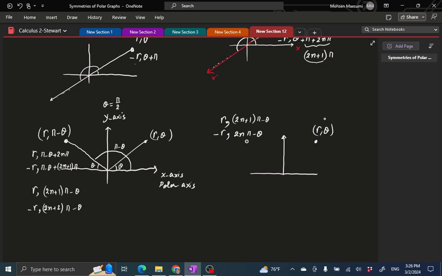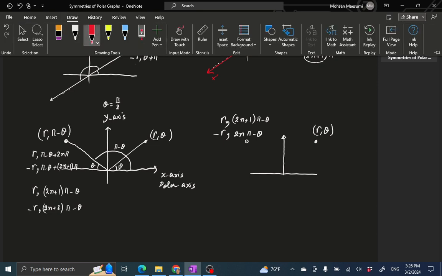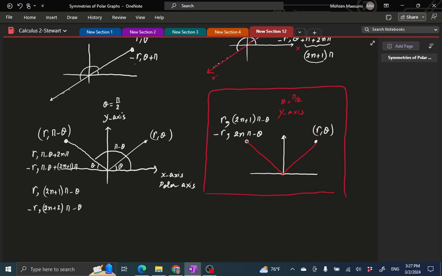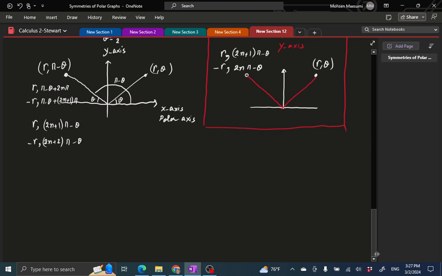Okay, let's do a quick practice. Here was the case of symmetry across the y-axis, or theta equal to pi over 2, which involved checking the following. Let's start with an easy example.